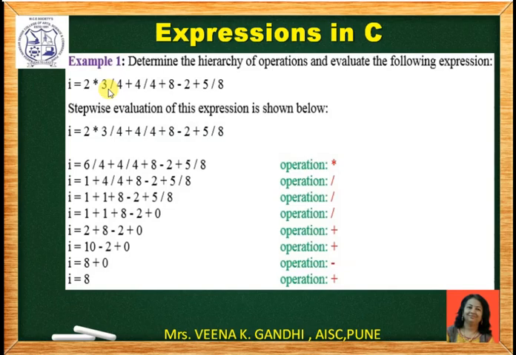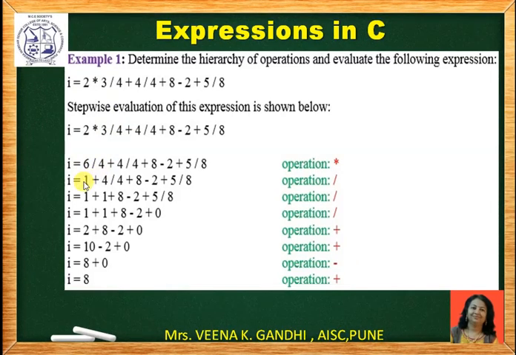First we perform the multiplication, 2 into 3 is 6. After that the division, 6 divided by 4, both are integers, so integer division gives 1.